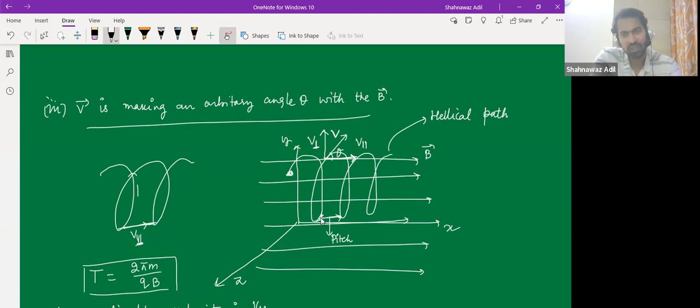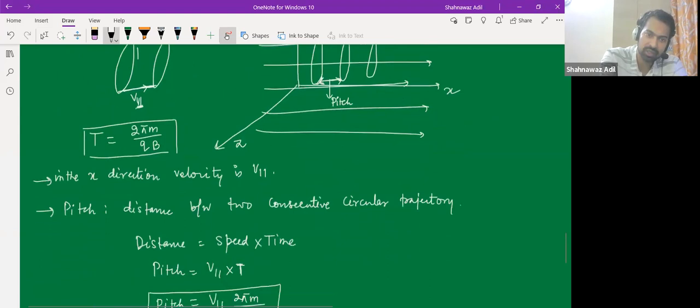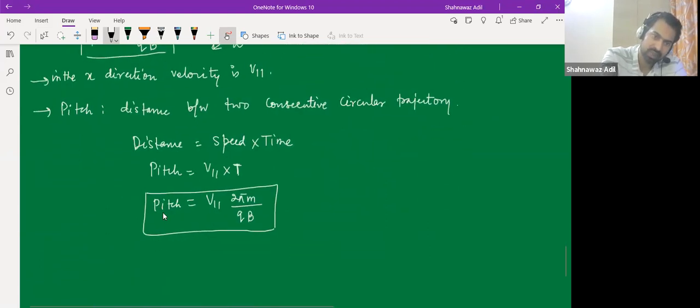So if pitch is zero, let us come back to this part. Pitch is zero, which means that what is zero? Mass cannot be zero, charge cannot be zero, magnetic field cannot be zero. So V parallel is zero, right?